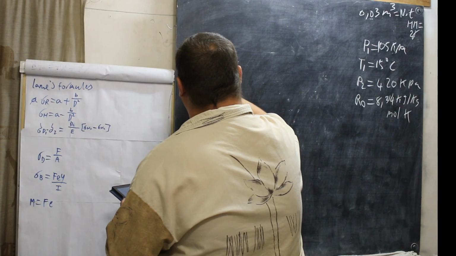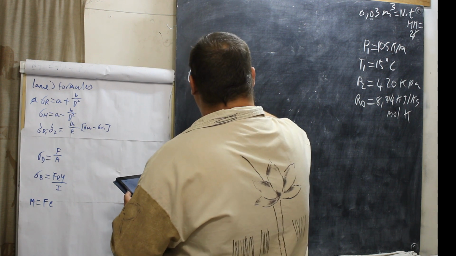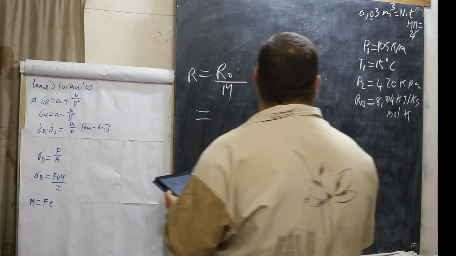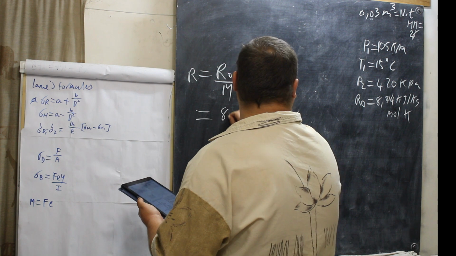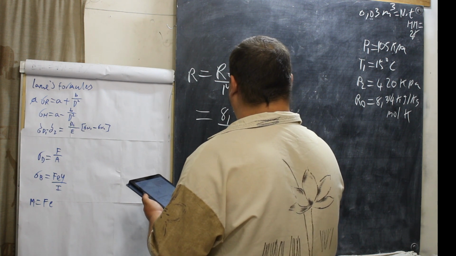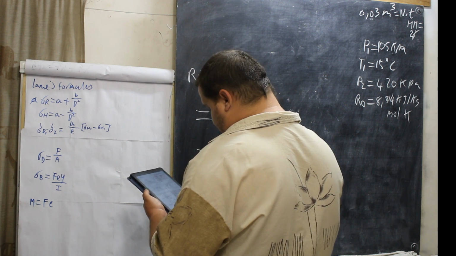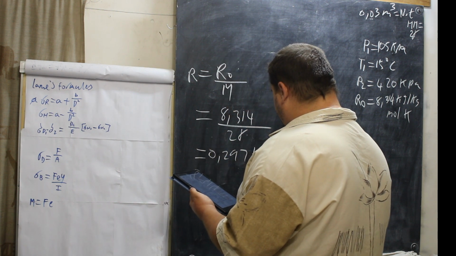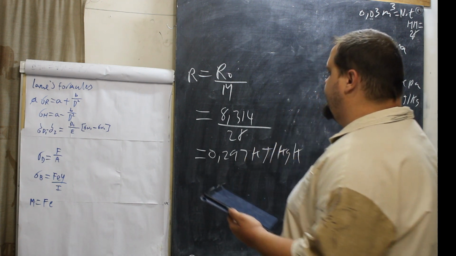So R, we need R. So that's R0 over M. So the molecular mass is 28, and R0 is 8,314 over 28, which equals 0,297 kilojoules per kg Kelvin.